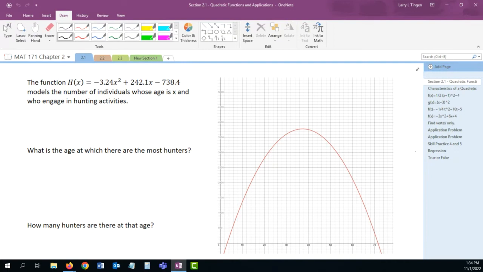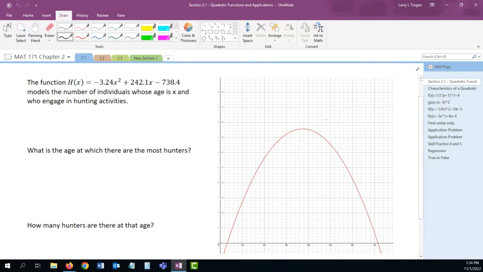All right. That really feels like it was written by a mathematician because it's just an oddly worded question. So here's the graph, and the question is: what is the age at which there are the most hunters?